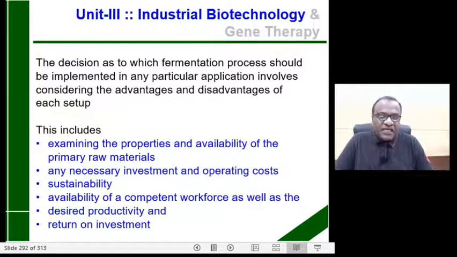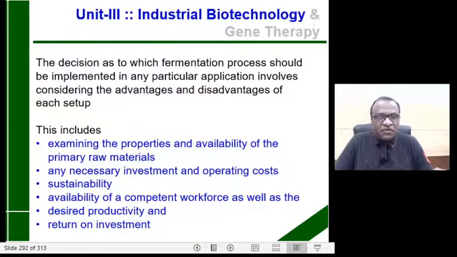Number two, any necessary investment and operating cost. Number three, sustainability. Number four, availability of a competent workforce, which in turn is dependent on the desired productivity. And last but not the least is return on investment.